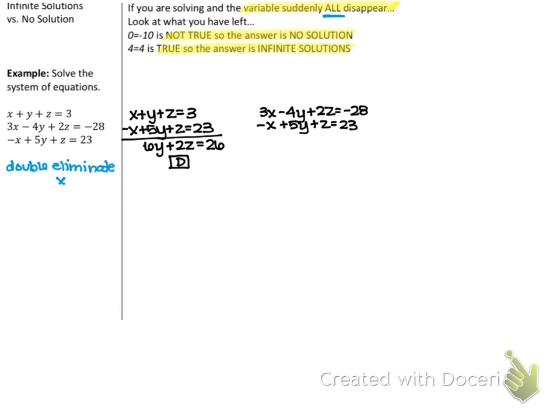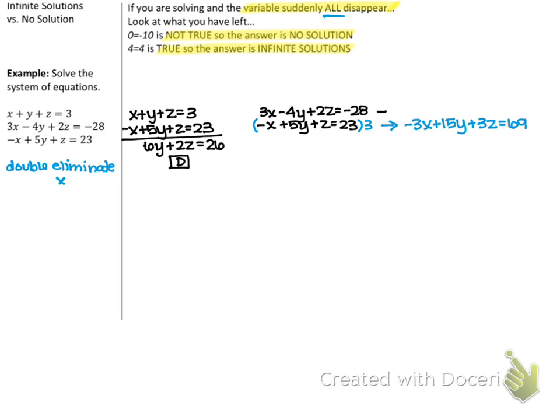Okay, I'm eliminating x, which means this entire second equation, I'm going to multiply through by 3. Slide it over. So I'm going to multiply through by 3. It's going to give me a negative 3x plus 15y plus 3z is equal to 69.